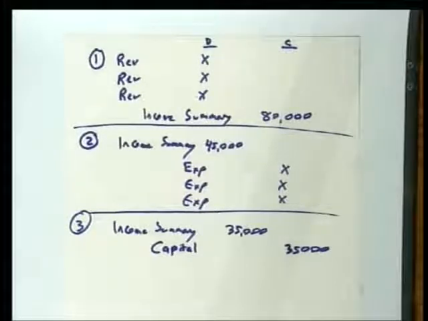So we're kind of summarizing everything into the capital account. After we do these, the revenues and expenses will all be reset to zero, and we can start recording things in them again. But periodically, what we're doing is we're just closing or flushing in everything into the capital account. Now let me ask you a real quick question as we look at these three journal entries on the monitor.